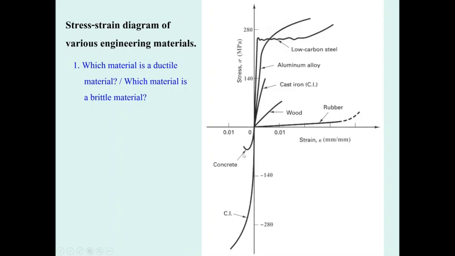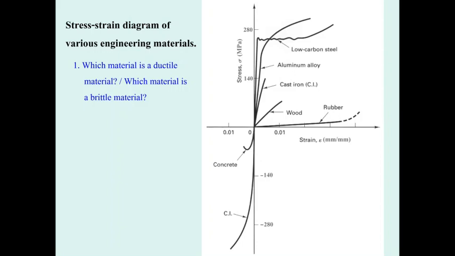However, the concrete in compression can deform about 0.002 to 0.003, which is close to the yielding of the steel. So the concrete in compression is more ductile than the concrete in tension. So the same material depends on how you test it when you classify which material is ductile or brittle. So you have to ask whether you are going to classify based on the tension or based on the compression.